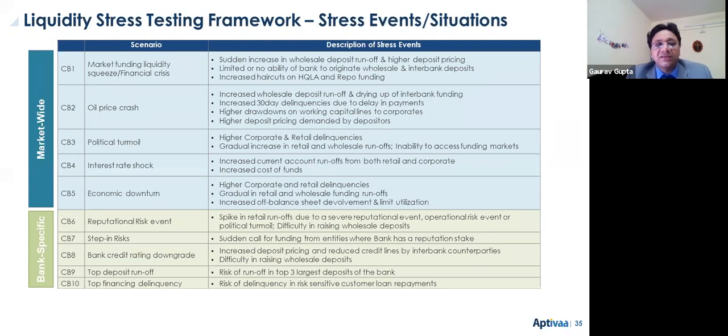So these are various scenarios which a bank can consider, and then depending upon its own balance sheet, its own products and structure, they can create their own stress events and scenarios.